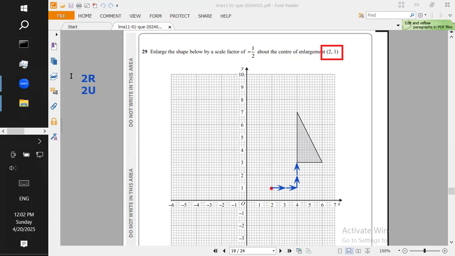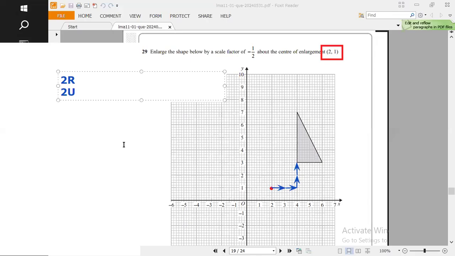Now, for these movements, I have to multiply them by the scale. Let me change the background so we can see it. As we said, we have to move from the center 2 right and 2 up to the first point. These are the movements. Now I'm going to take the movements and multiply them by the scale.